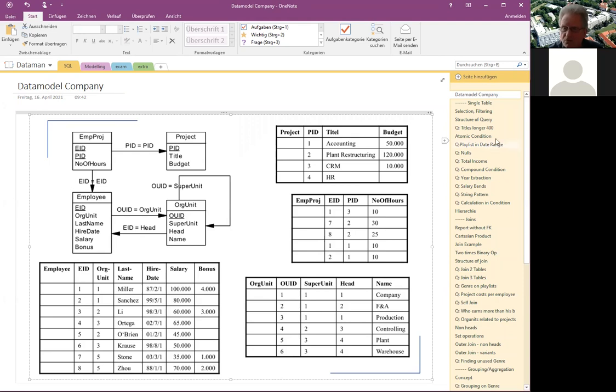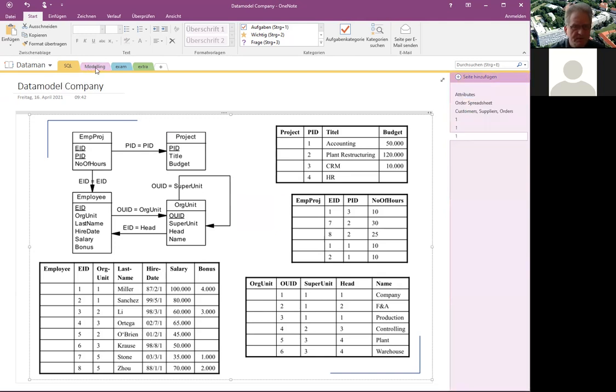Just a moment, I would like to talk here, for example, about the organizational structuring. Just a moment. Atomic condition, total calculation and condition. For whatever reason, I lost something. Just a moment.